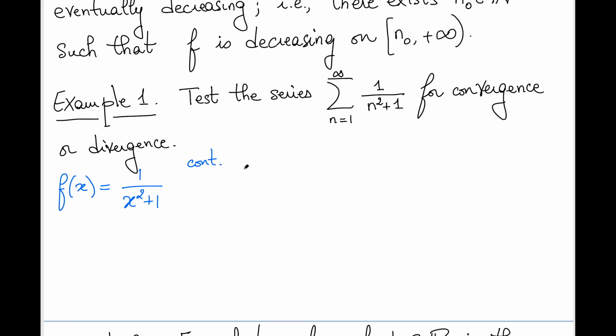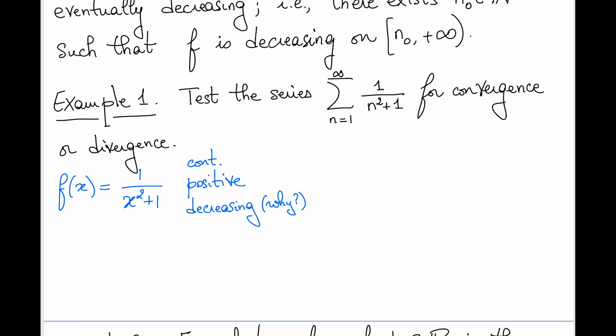Okay, this is continuous everywhere, in particular on 1 to infinity, and it's positive certainly for all x. This function is positive, correct? And lastly, this function is decreasing. Why is this function decreasing? I'm going to write why and explain to you.